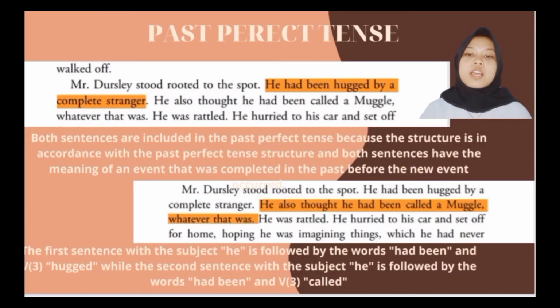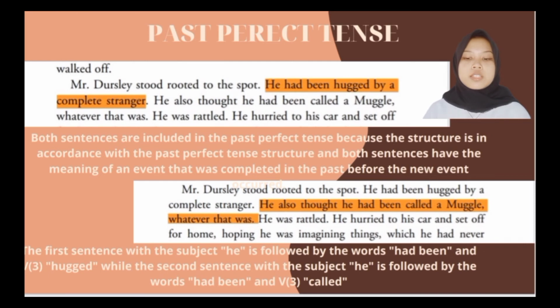Okay, next is past perfect tense. The first sentence is: He had been hugged by a complete stranger, and the second sentence is: He also thought he had been called a Muggle, whatever that was. These sentences are included in the past perfect tense because the structure is in accordance with the past perfect tense structure, and both have the meaning of an event that was complete in the past before a new event occurred.